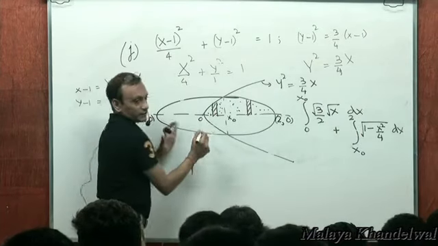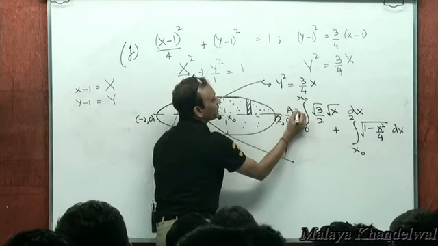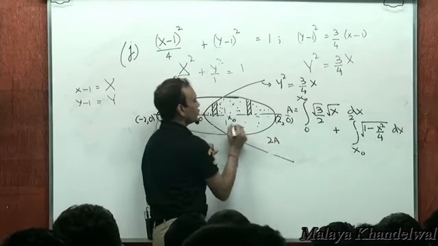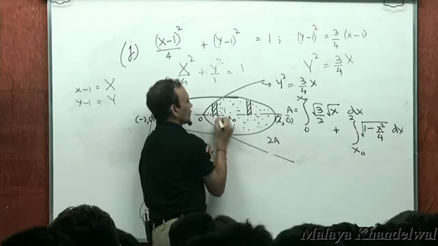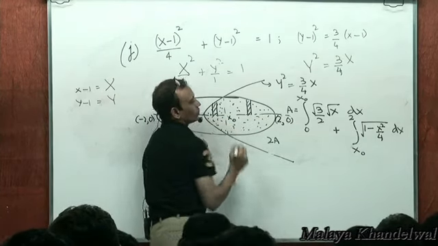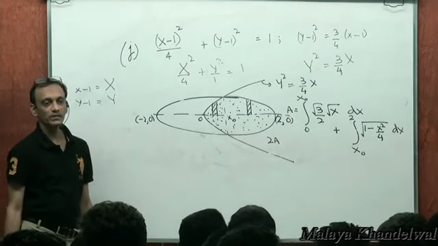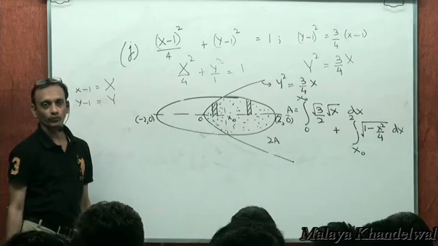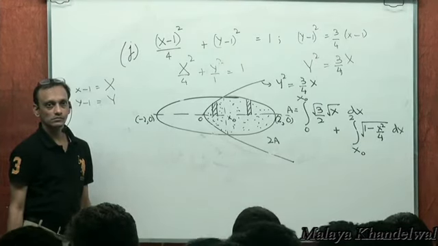And then you double it, because there is the same area below also. Suppose this is A, then the required area will be 2A. The same area below.